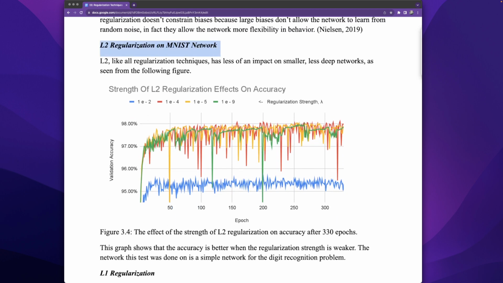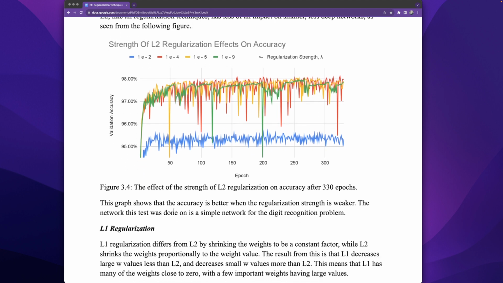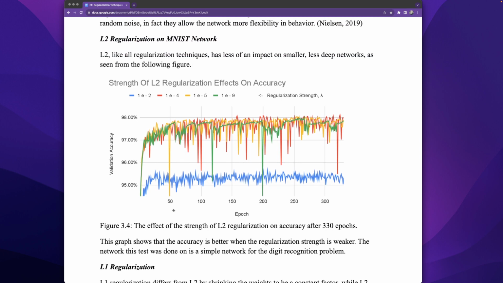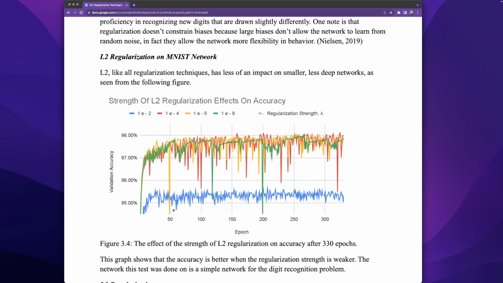Here is L2 regularization on the MNIST network. This is just a quick graph I made up. You can see if the regularization strength is way too strong, that's the blue line, it obviously doesn't converge very high. Whereas all the other values here converge at a similar amount because the regularization is applied to a very small network.